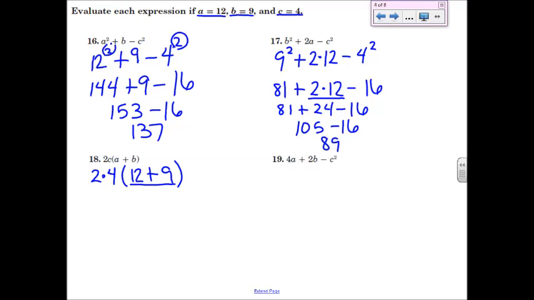Inside the parentheses we have 12 plus 9. Everything else stays the same. So we have 12 plus 9 is 21. So now I multiply from left to right. 2 times 4 is 8. And then 8 times 21 is 168.